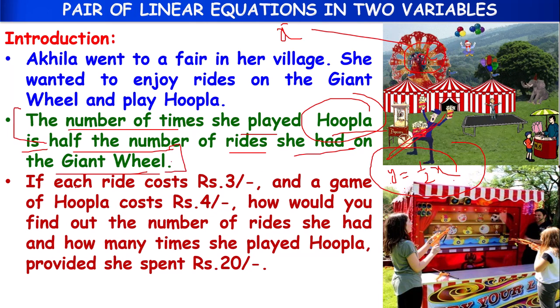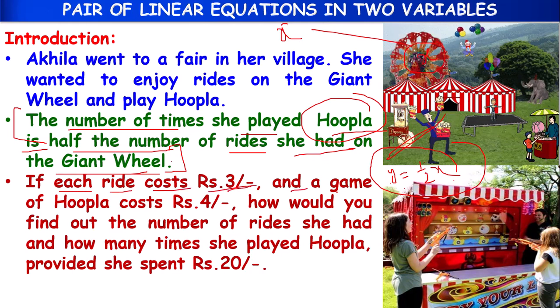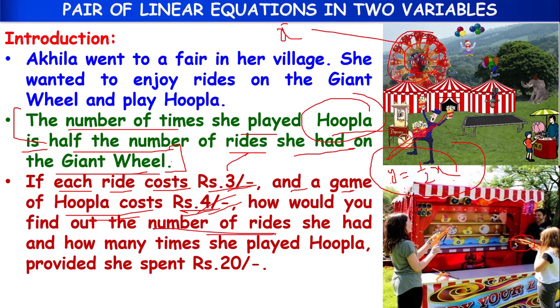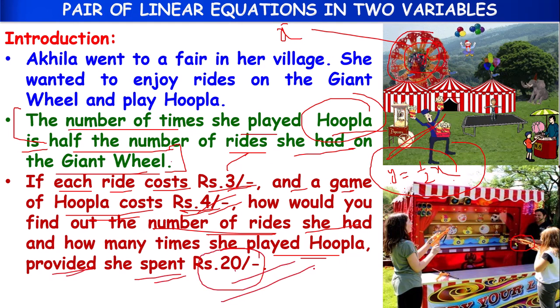And one more thing: each ride costs ₹3 and a game of hoopla costs ₹4. Means for one ride on the giant wheel, she has to pay ₹3, and for playing the hoopla game one time, she has to pay ₹4. So how would you find out the number of rides she had and how many times she played hoopla, provided she spent ₹20 altogether?